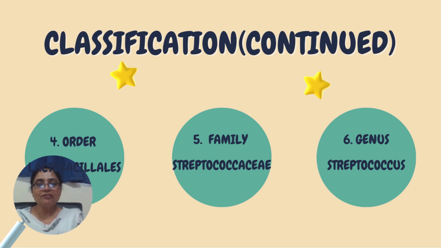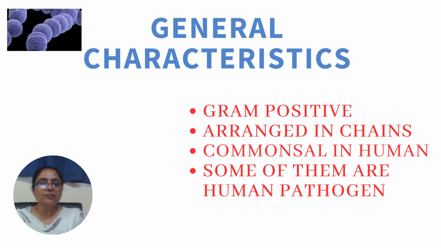Now, what are the characteristic features of this genus? This genus is, as I have told you, gram positive bacteria. Gram positive because when it's stained by gram staining, it looks purplish in color, and cocci in shape, that means spherical in shape. It is arranged in chains. You can see the chains here in this diagram.